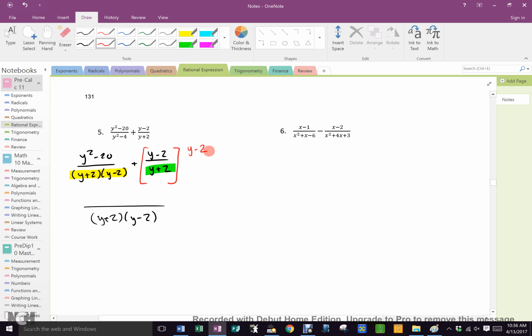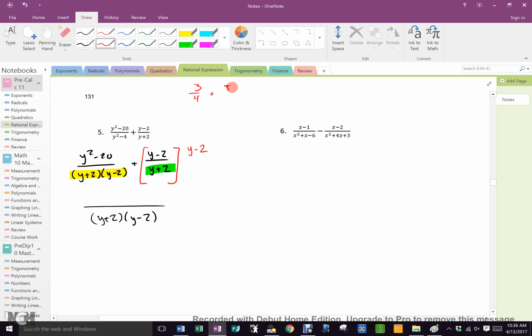Everybody with me? Does this term have everything covered? Yes. So does this numerator have to change? No. Everybody with me? It's exactly like this question.